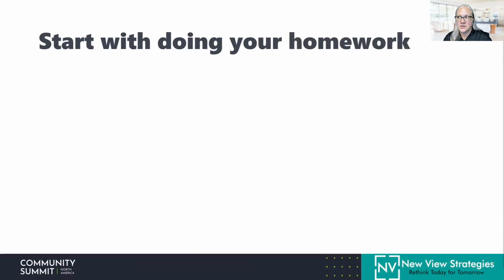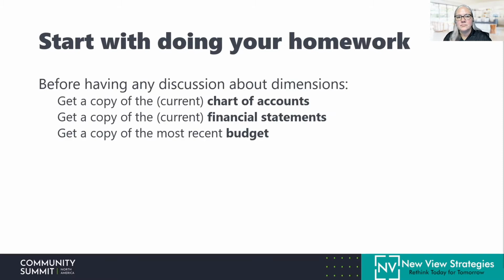So here's your homework assignment. Before you talk with anybody, I need for you to stop and gather this information. You're going to need the chart of accounts, you'll need financial statements, and you'll need a budget. You'll notice that I say the current chart of accounts, financial statements, and budget. This is important because especially if you're in a new project, watch out for this.